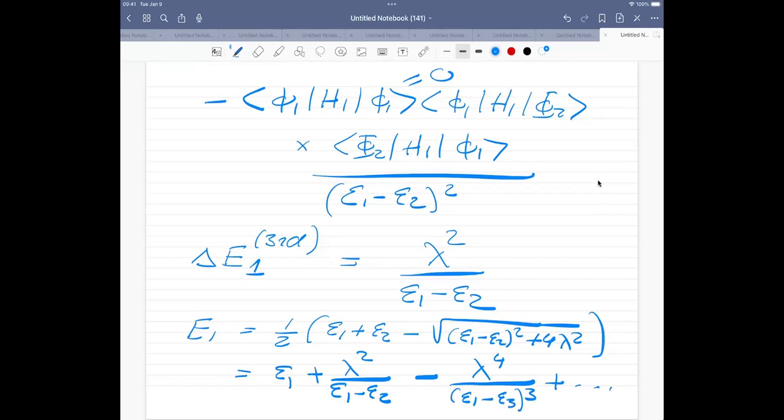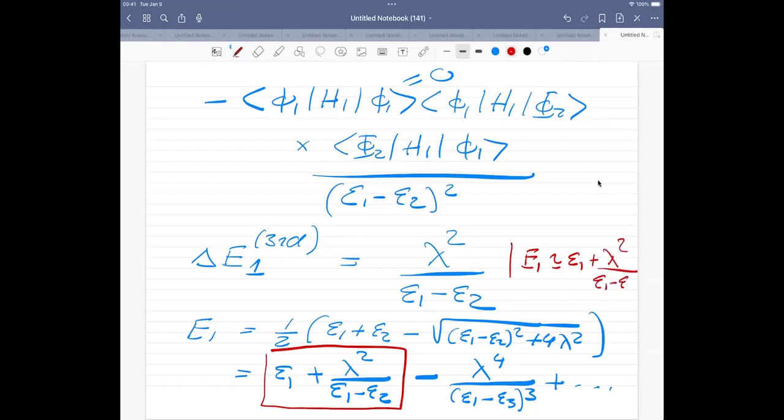So what we see here is that to third order perturbation theory, I have these two terms. The total energy E1 is then given by epsilon 1 plus this term lambda squared over epsilon 1 minus epsilon 2. So to third order, I agree with the Taylor expansion of the exact result.